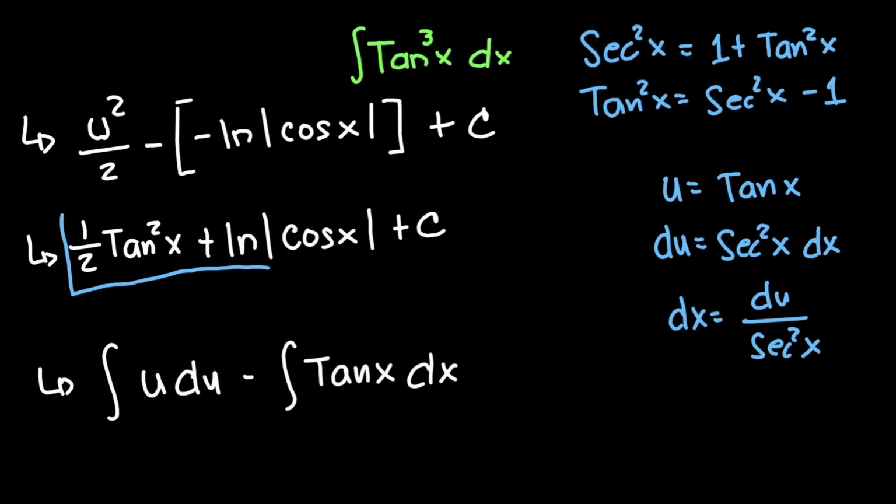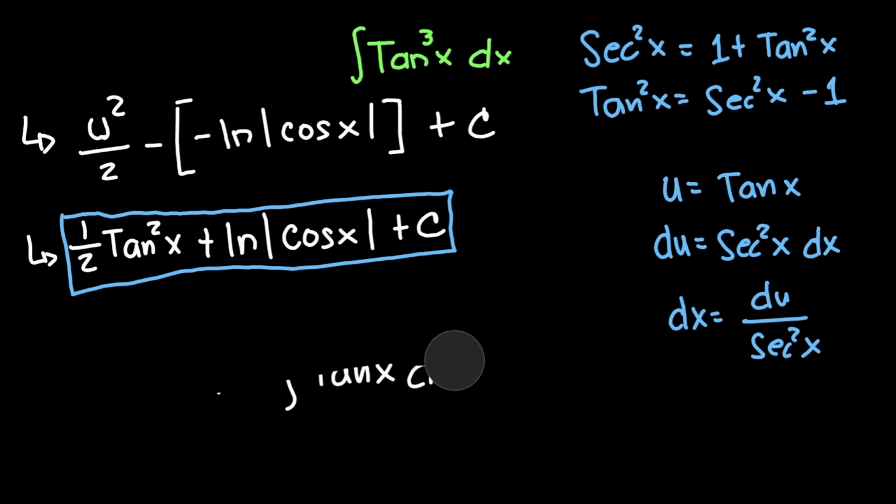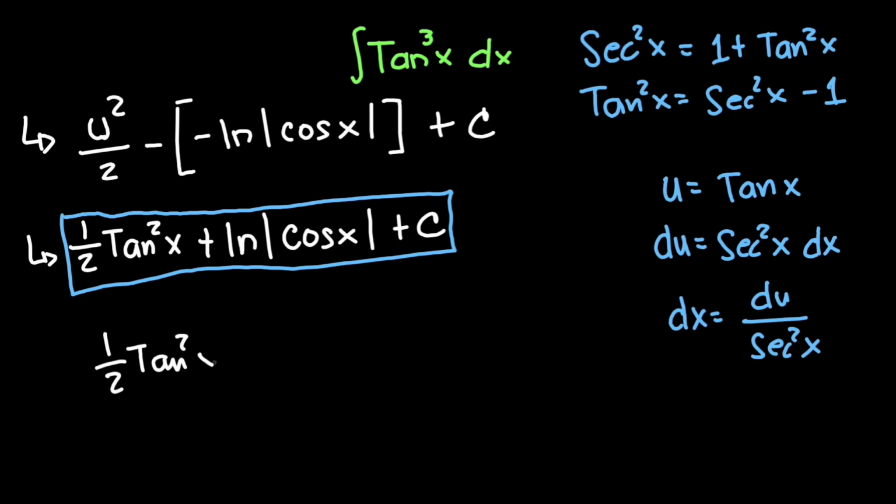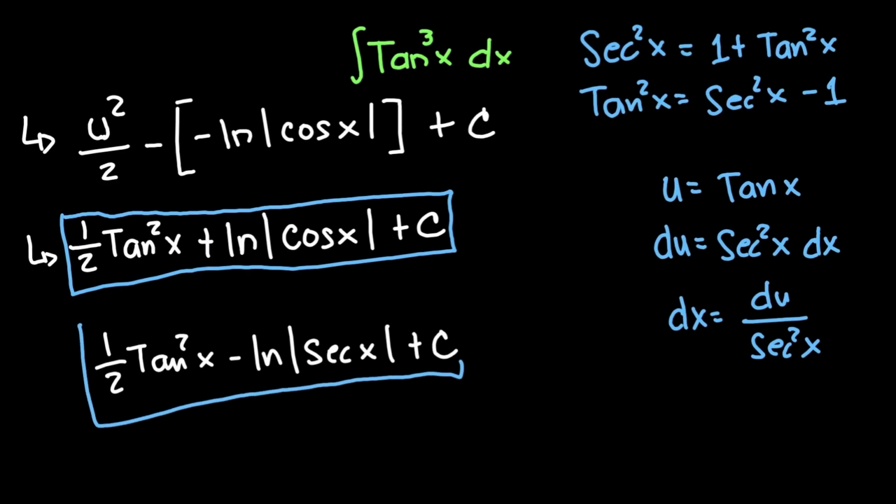So this would be the answer for the integral of tangent cubed x dx. Or, if you want the other form, it would be 1/2 tangent squared of x minus natural log the absolute value of secant x plus c. Either way, this can be the answer for this integral.